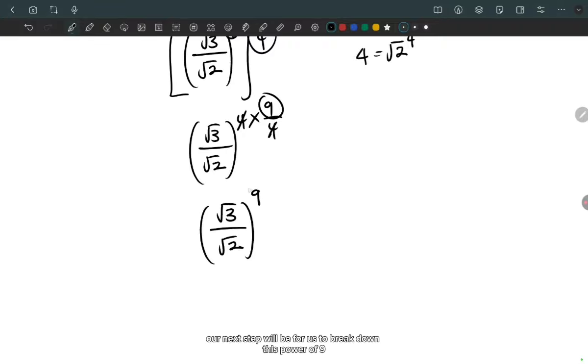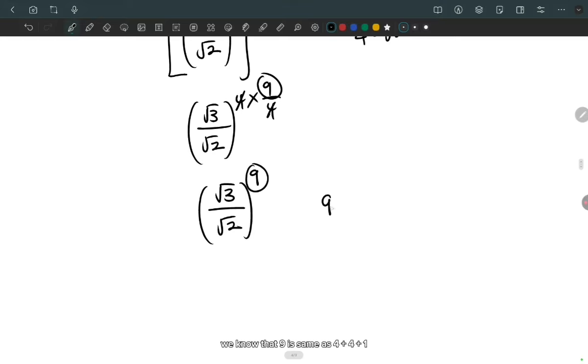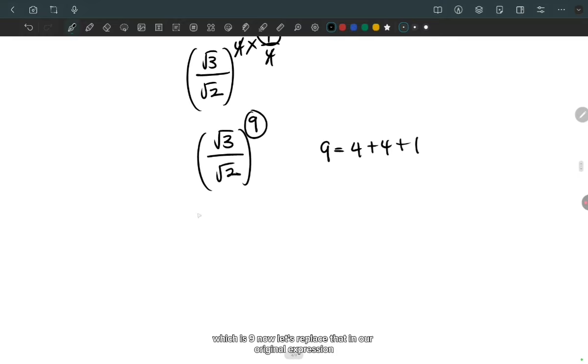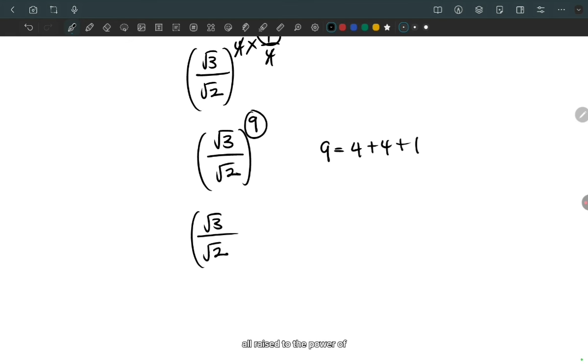Now, our next step is to break down this power of 9. We know that 9 is the same as 4 plus 4 plus 1, which is 9. Now let's replace that in our original expression. So this is the square root of 3 over the square root of 2, all raised to the power of, instead of writing this 9, I'm going to write 4 plus 4 plus 1.